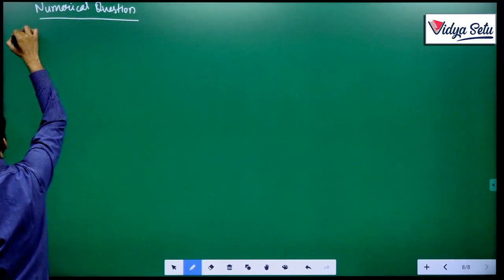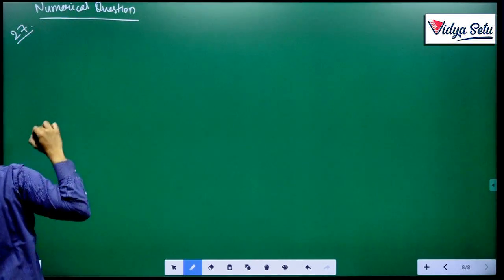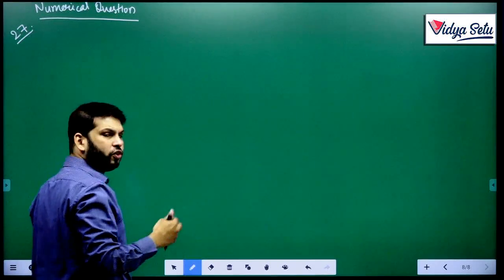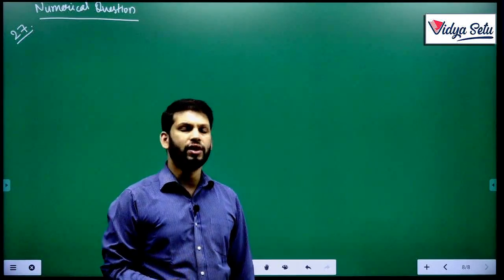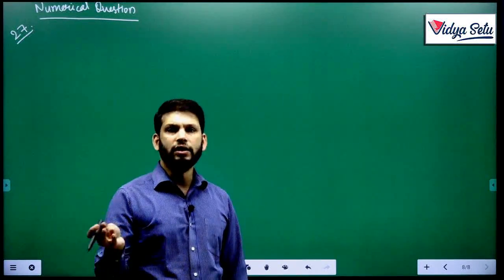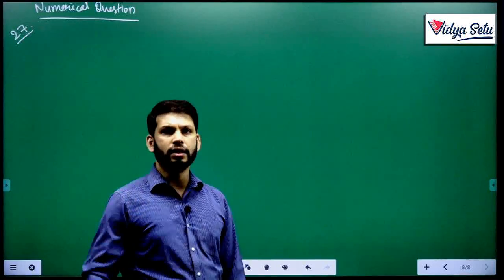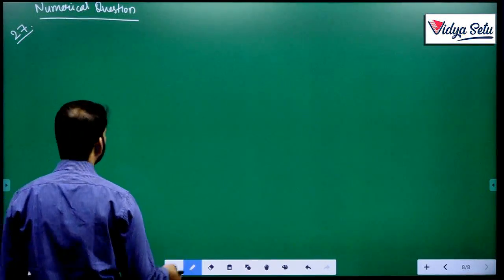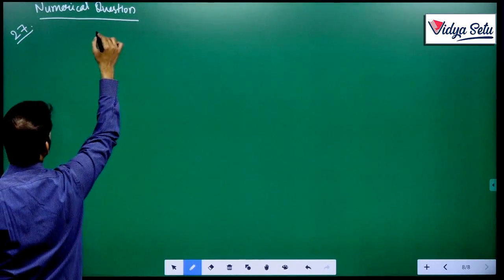Numerical question number 27. Okay, so we need three type of formats ready whenever ledger accounts are required: revaluation account, partners capital and the revised balance sheet format. So first thing is revaluation account.